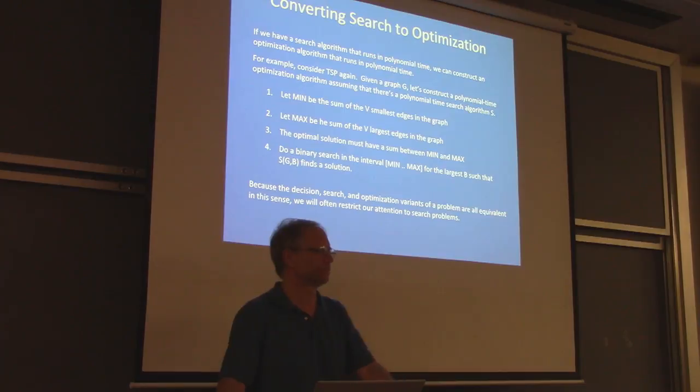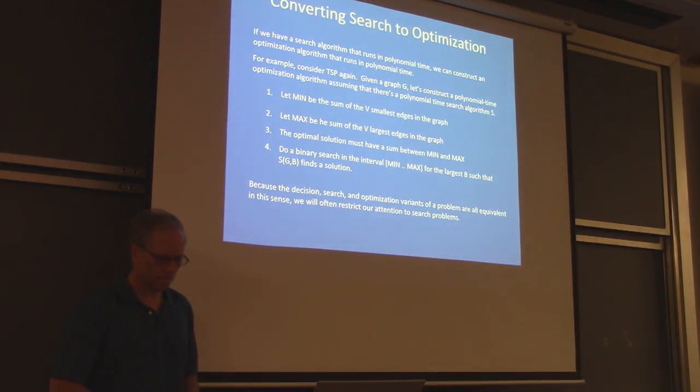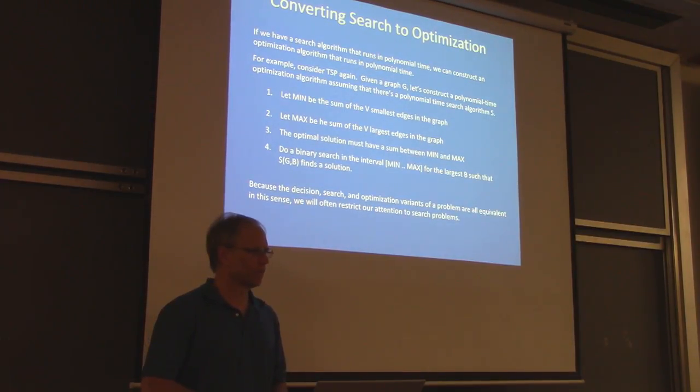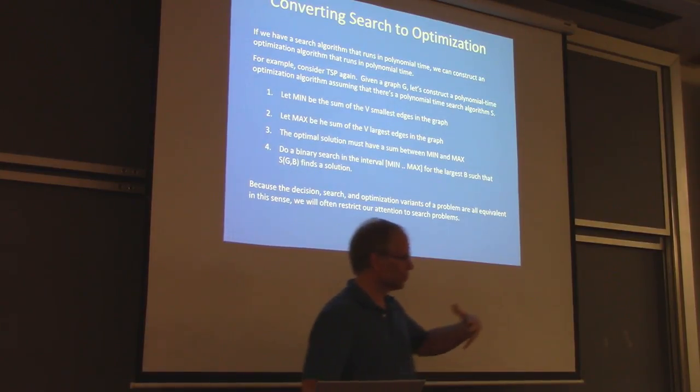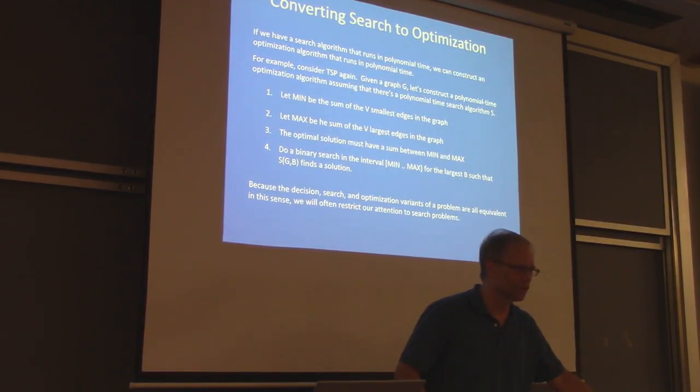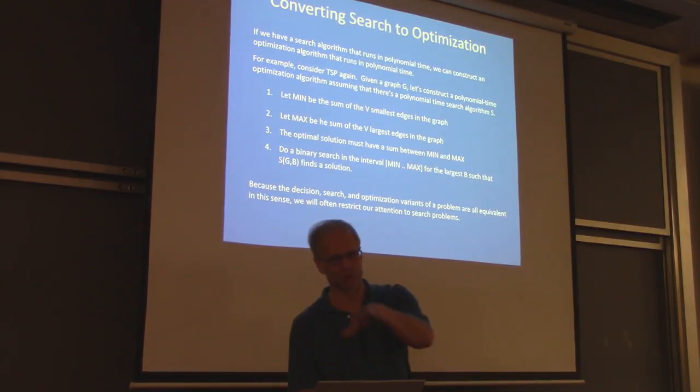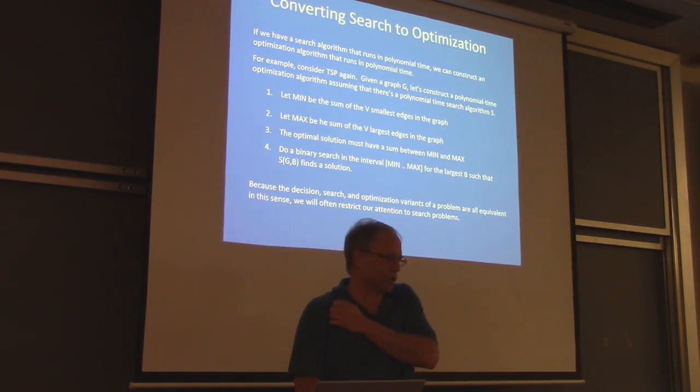Is there any reason why either of those types hasn't been solved in a faster time than polynomial? Faster than polynomial? Well, they haven't even been solved in polynomial time. I said if there's a polynomial time solution to the decision version, there's a polynomial time solution to the TSP version. But no one's found such an algorithm for any of these.